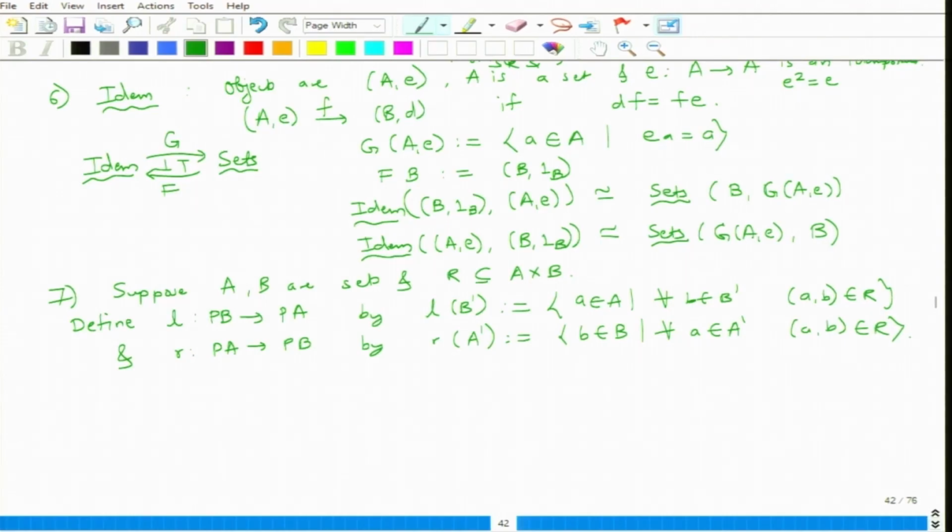But there is some interesting property here before we go about this. Are these monotone maps, by the way? If I increase B prime to B double prime, if B prime is a subset of B double prime, then will it be true that LB prime is a subset of LB double prime?